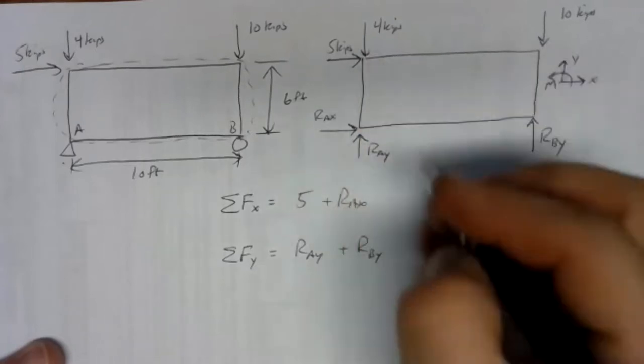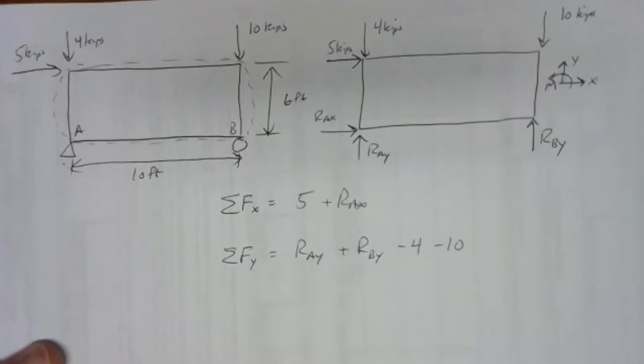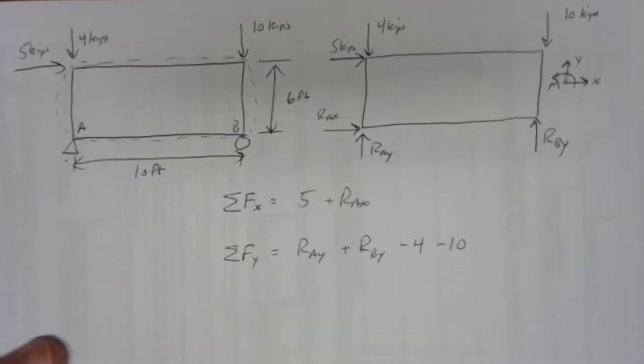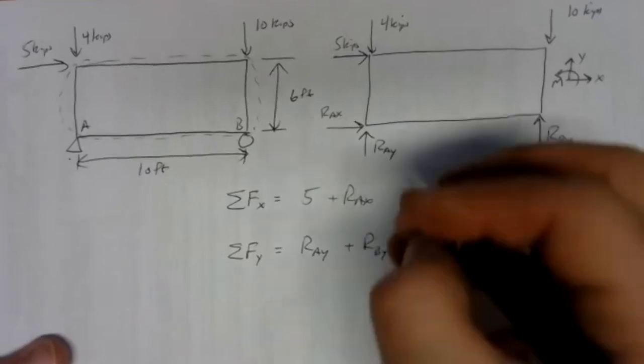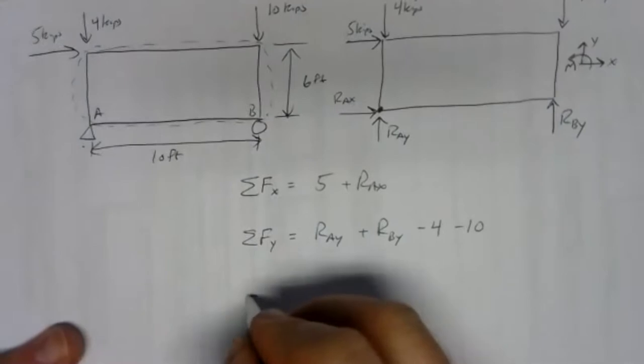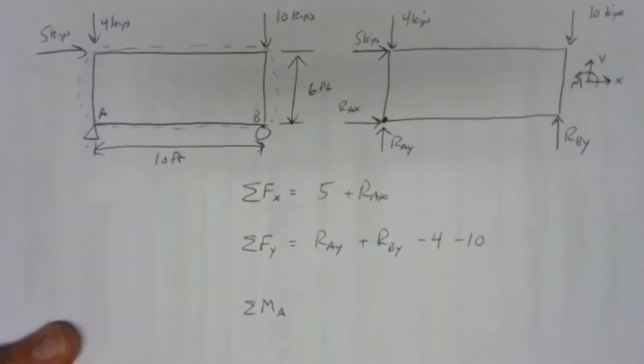We've got a minus 4 kips and a minus 10 kips. So there's our sum of forces in the y direction. Now we need our sum of moments about a point, and I'm going to pick point A as my pivot point. So my sum of moments about A.